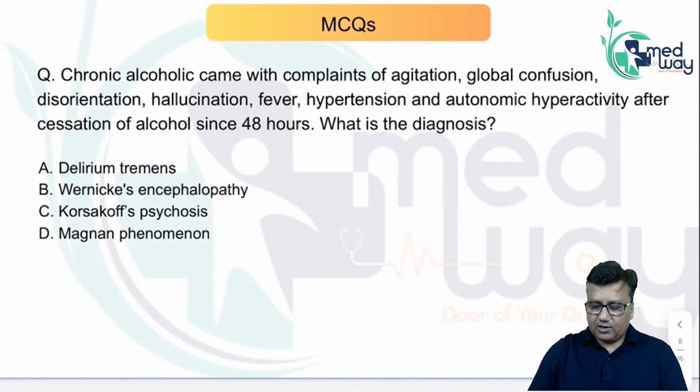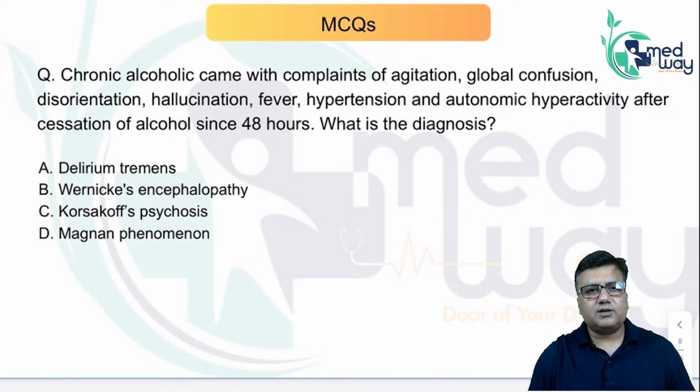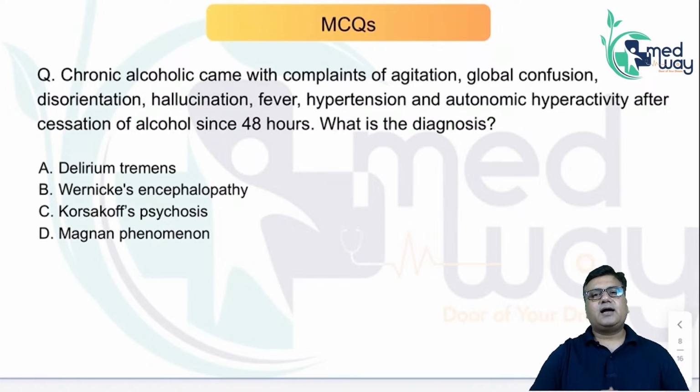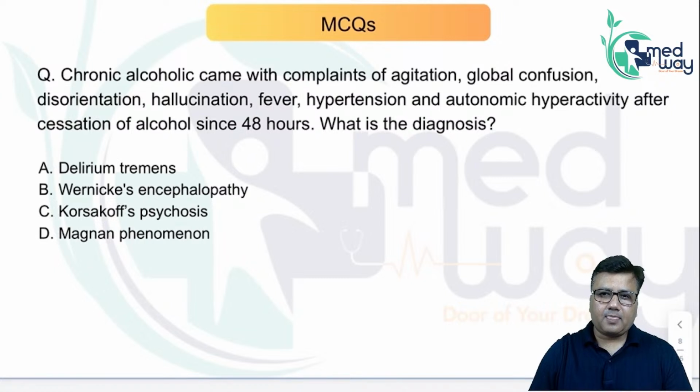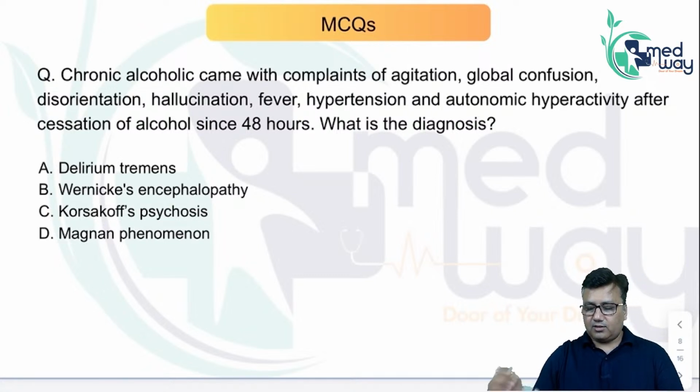Right, next. A chronic alcoholic came with complaints of agitation, global confusion, disorientation, hallucination, fever, hypertension, and autonomic hyperactivity. Right? After cessation of alcohol since 48 hours. So, what is the diagnosis?